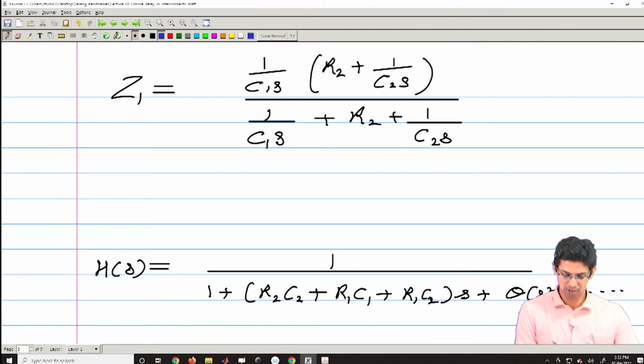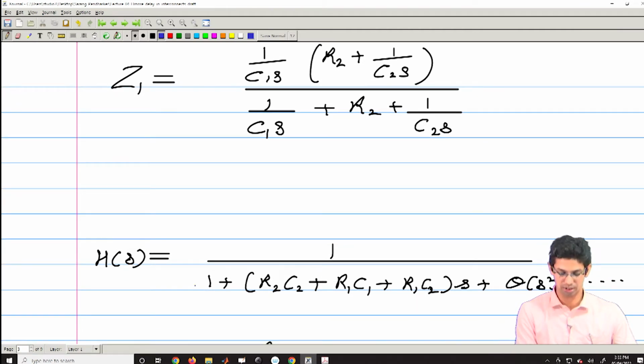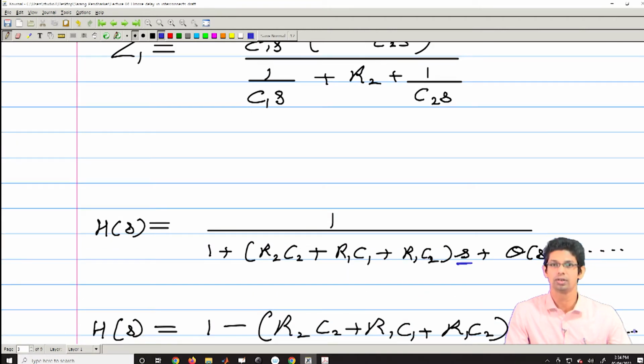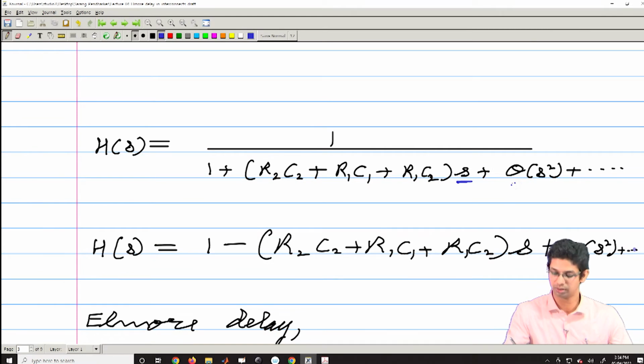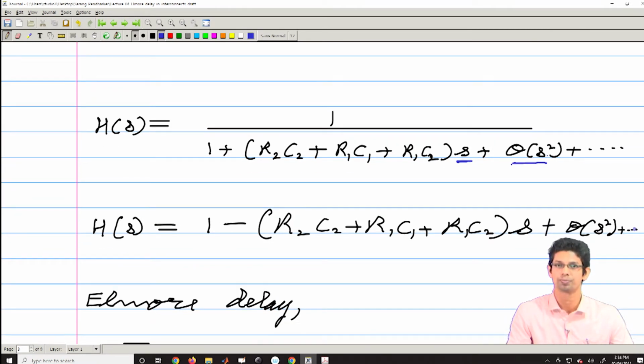Note that you would be getting terms in an expression like this. So, I would again strongly recommend that you do this derivation on your own to get H(S). Once you get H(S) like this, you will have an expression where there will be 1 divided by 1 plus one term with a power of S, and then other powers of S square, and in this case we will get only till S square.